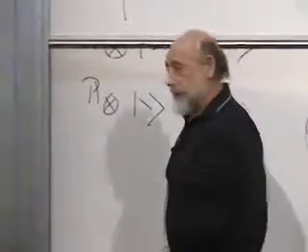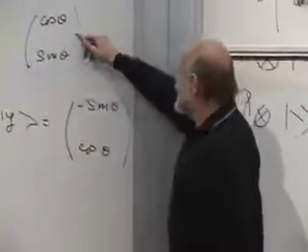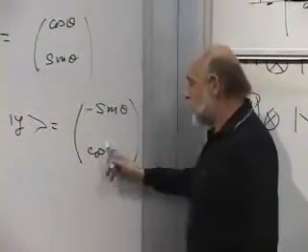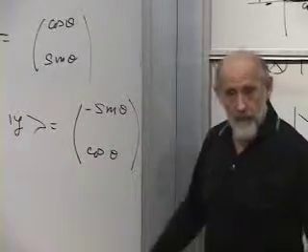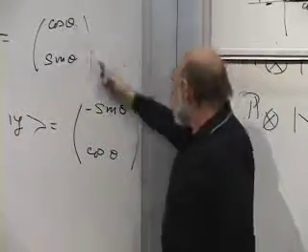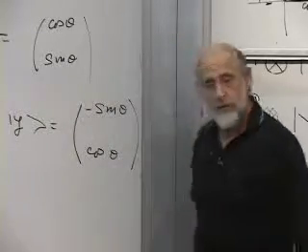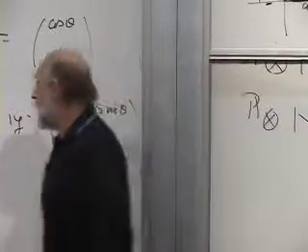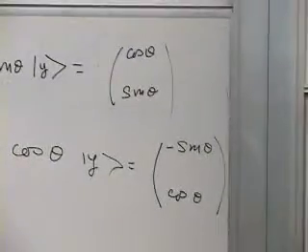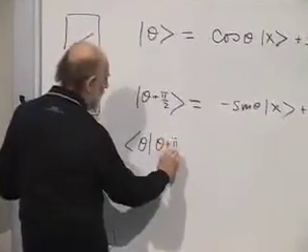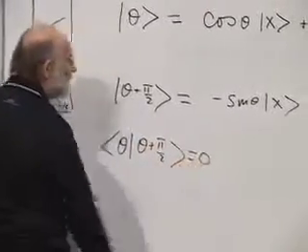Next, are they orthogonal? Let's check that. Cosine theta times minus sine theta plus sine theta times cosine theta. Obviously, they are orthogonal. Cosine times minus sine plus sine times cosine adds up to 0. So yes, they are orthogonal to each other.